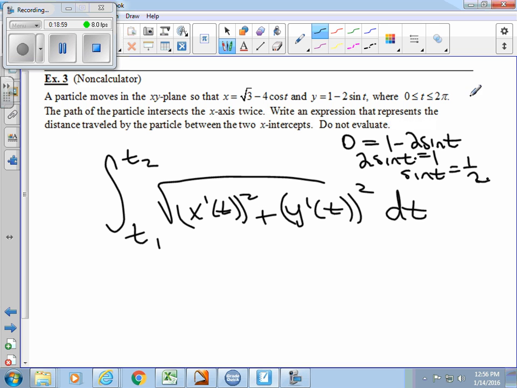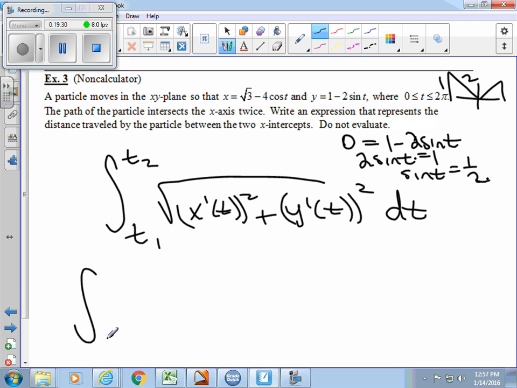Draw a picture. Sine is positive in the first and second quadrants. Opposite over hypotenuse. This is a 1, 2, radical 3 triangle, so it's a 30 degree. Does everyone agree? So pi over 6 and 5 pi over 6. Any questions about how I know that?